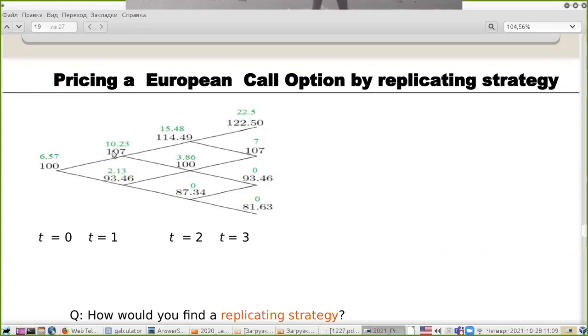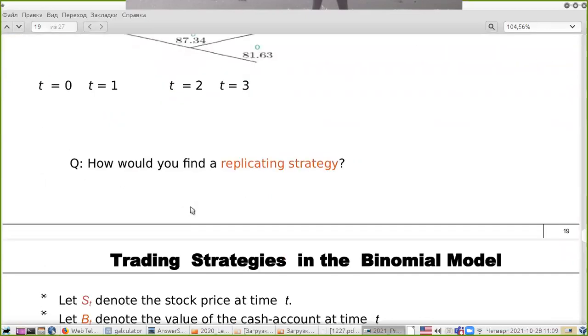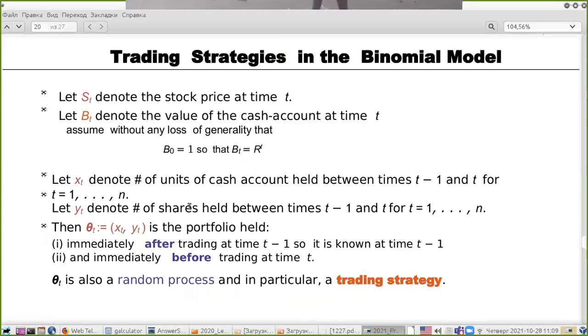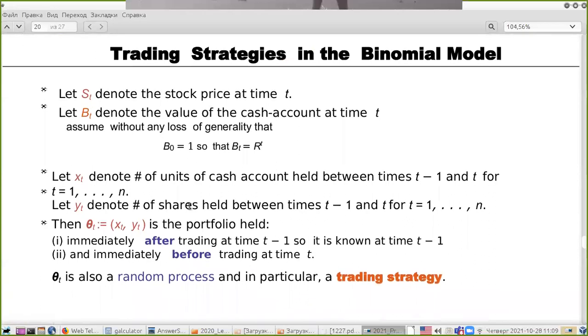On this slide you see the binomial tree, 3 periods, in black color, and in green color the call option tree. Now we would like to deal with a trading strategy.